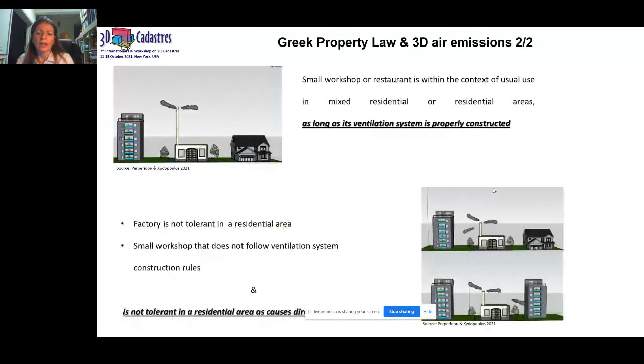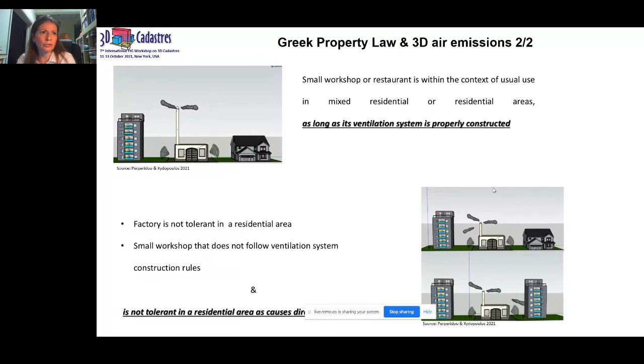For example, a small workshop or a restaurant can exist within a residential area as long as its ventilation system is properly constructed so it does not affect surrounding properties.